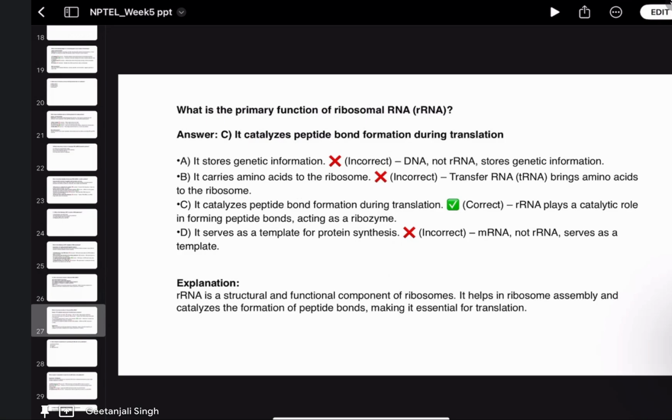That's true. rRNA plays a catalytic role in forming peptide bonds, acting as a ribozyme. The last option was it serves as a template for protein synthesis. That's not true because mRNA serves as the template for protein synthesis, not rRNA.